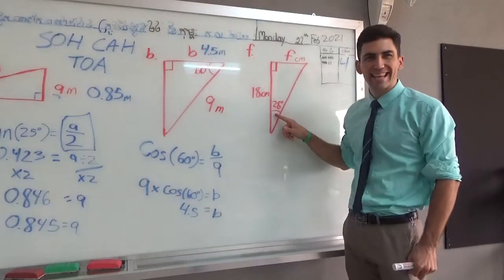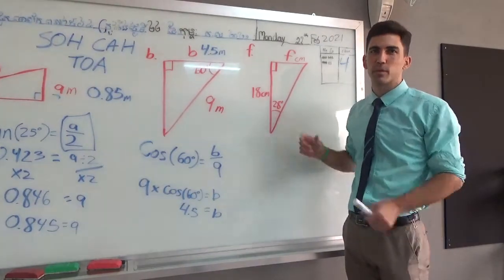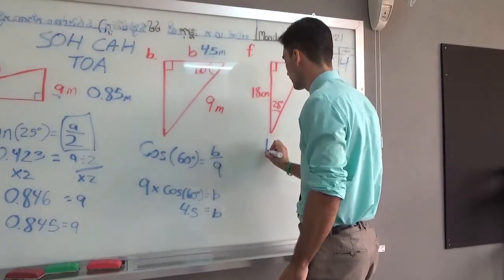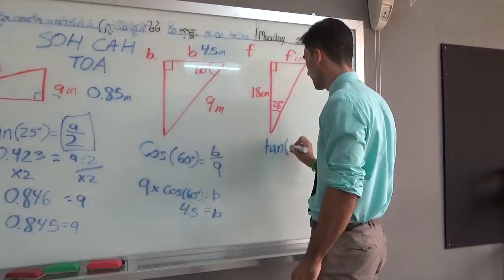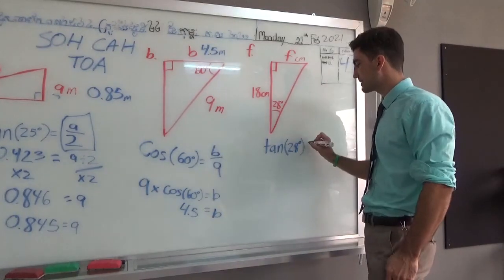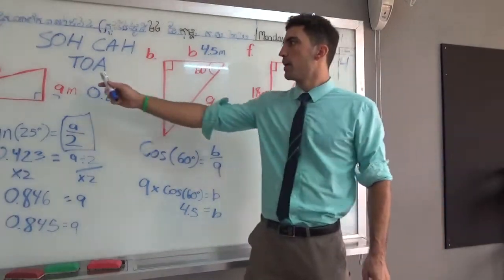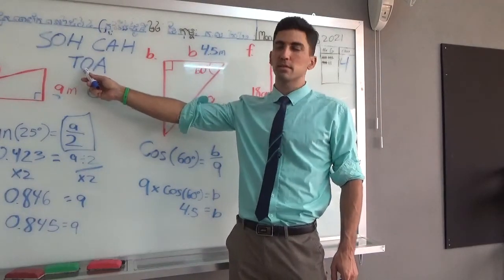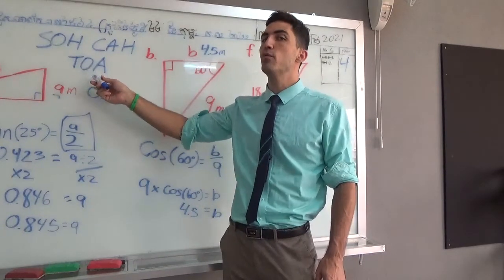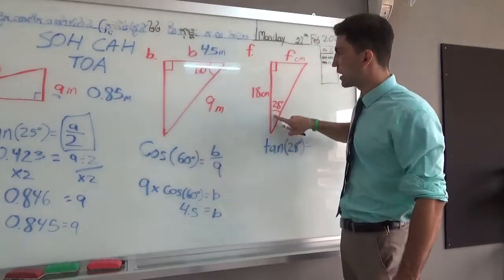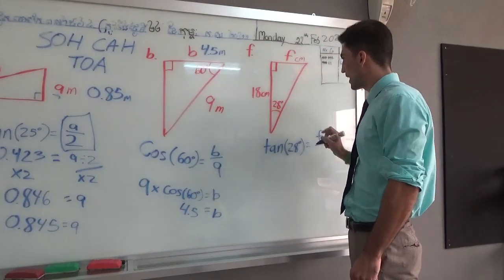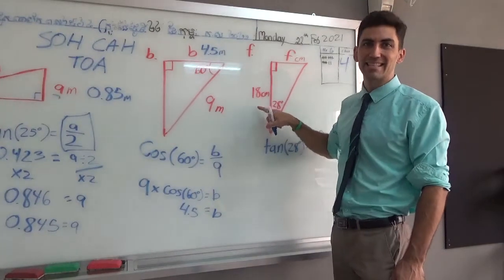And we've got 28 degrees is what we are working with, so I'm just going to start by writing the tangent of 28 degrees. Tangent of 28 degrees is equal to the O, the opposite, over the A, the adjacent. So we want the opposite side over the adjacent side. So the opposite side is F, and the adjacent side is 18.